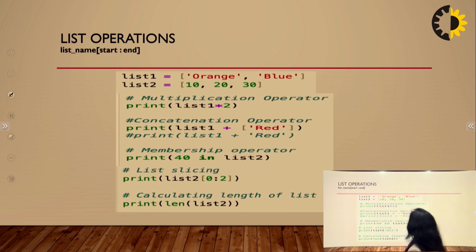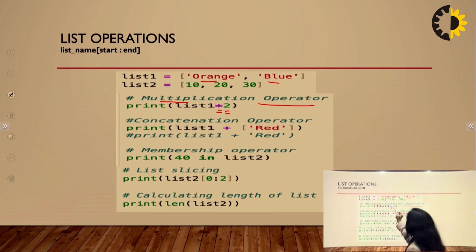Like the first one is for multiplying, that is the multiplication operator. This asterisk denotes the multiplication. So what will multiplication do? It will repeat the value again. So the list 1 is repeated how many times?